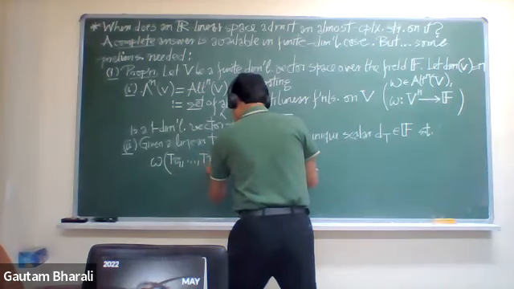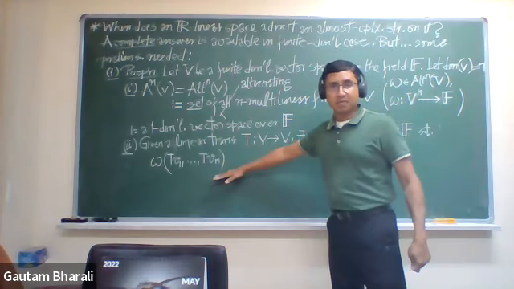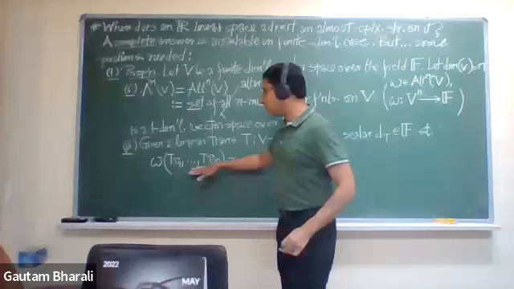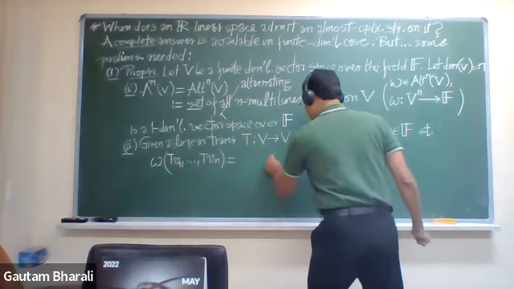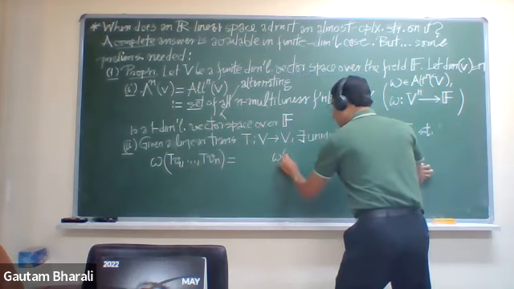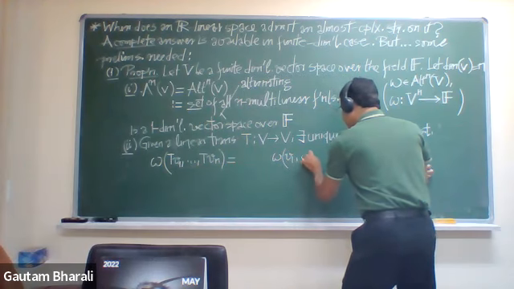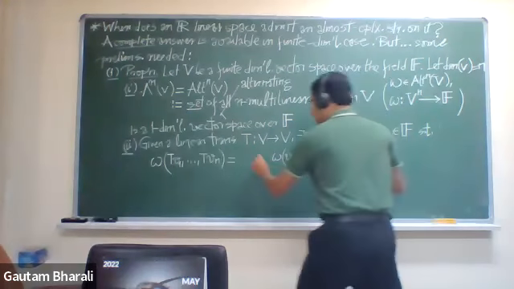See, there have to be n of these guys, right? So this, of course, is just a number. And this is an object which is linear in each variable separately. So it turns out that this thing is equal to omega applied to V1, V2, V3, and so on individually.